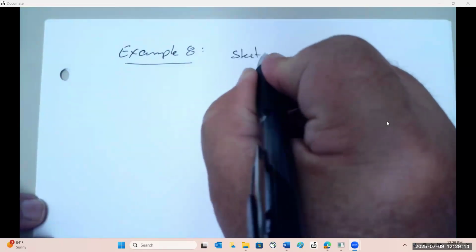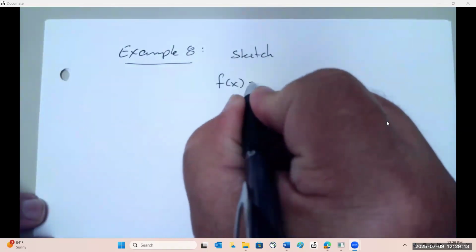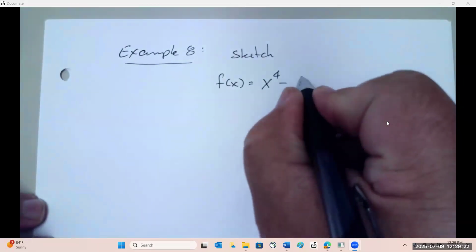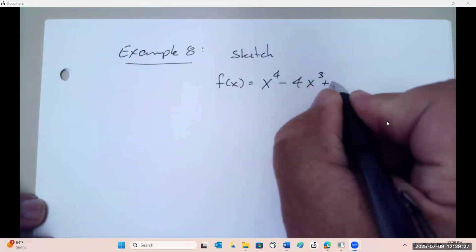Next example. Example 8. Sketch this graph. Oh no, that means we're going to have to put everything we know from algebra and calculus on the table.